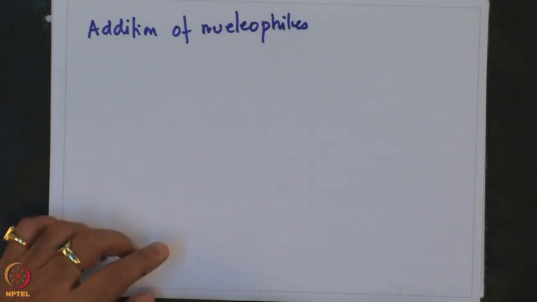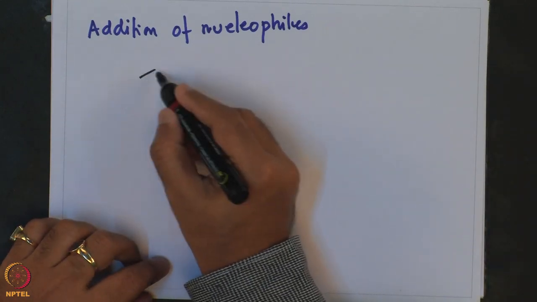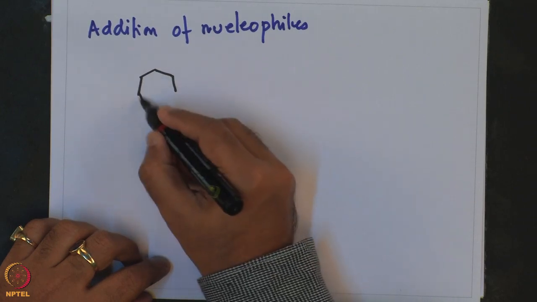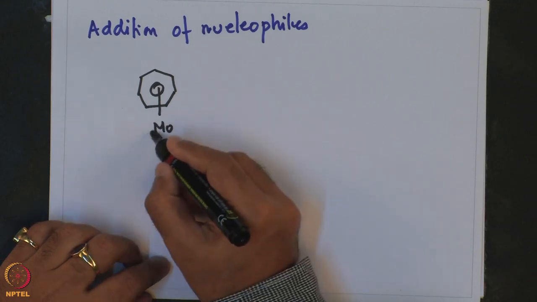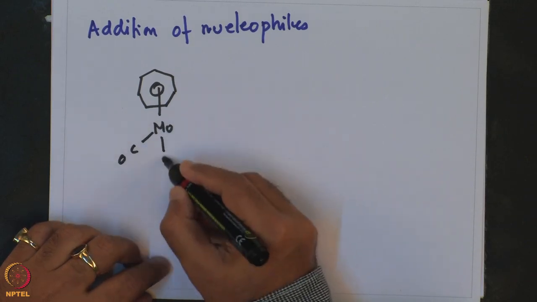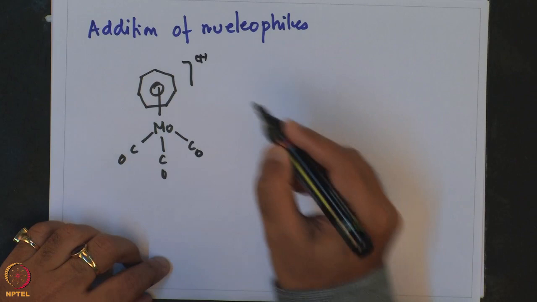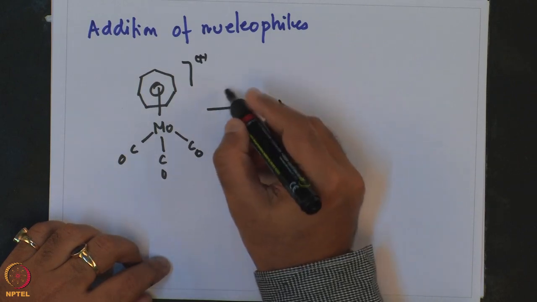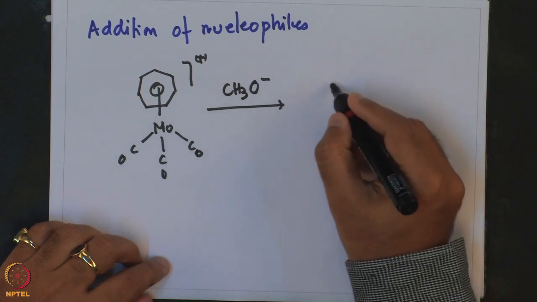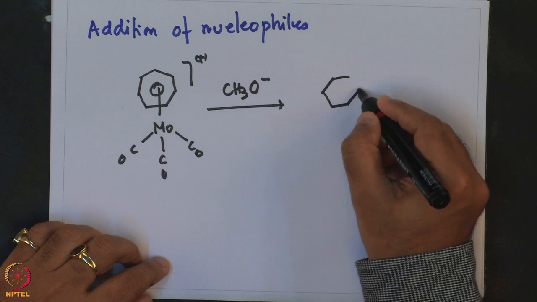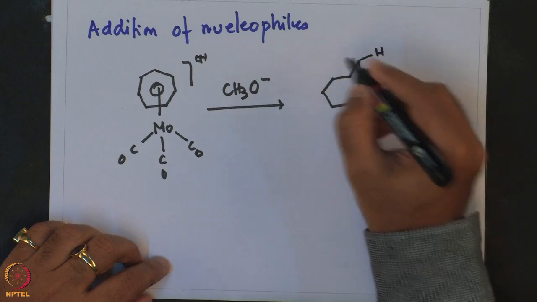Now, this is the cationic [C7H7Mo(CO)3]+ complex, which reacts with methoxide, CH3O minus, giving this.